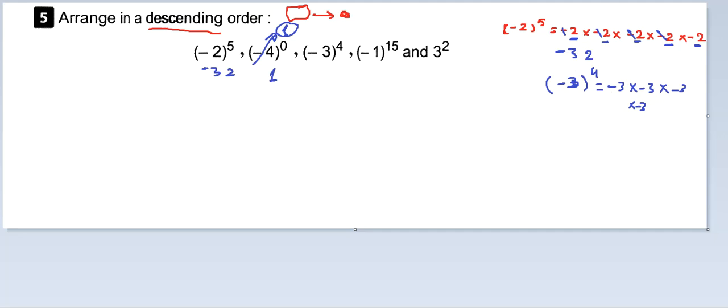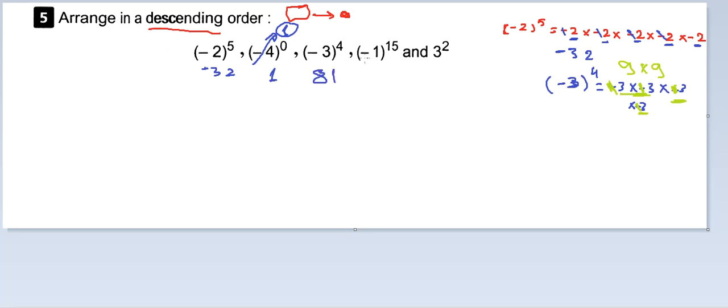Cancel the signs in pairs. 3 times 3 equals 9, and here also 3 times 3 equals 9. So 9 times 9 equals 81. So the result here will be 81.